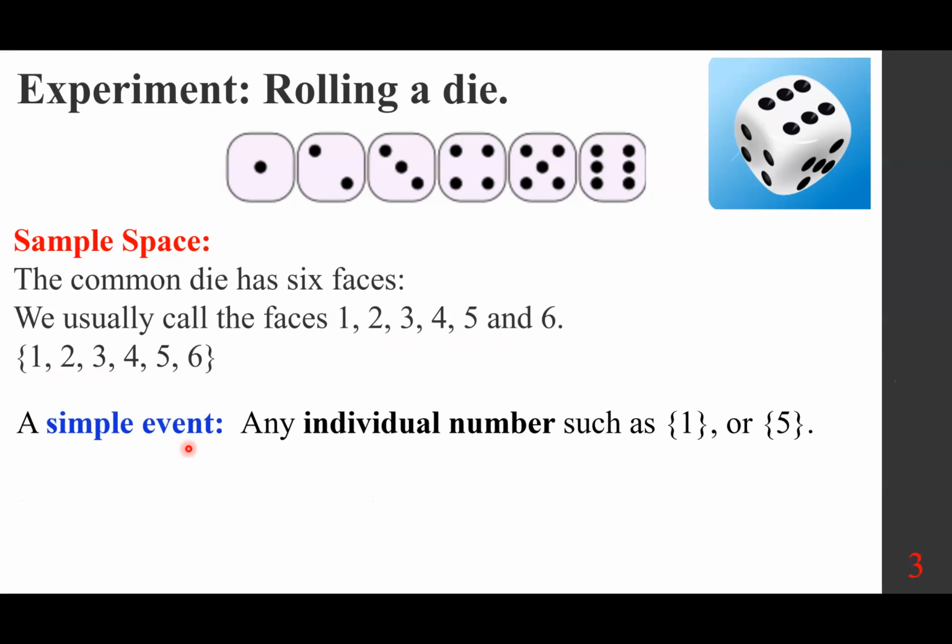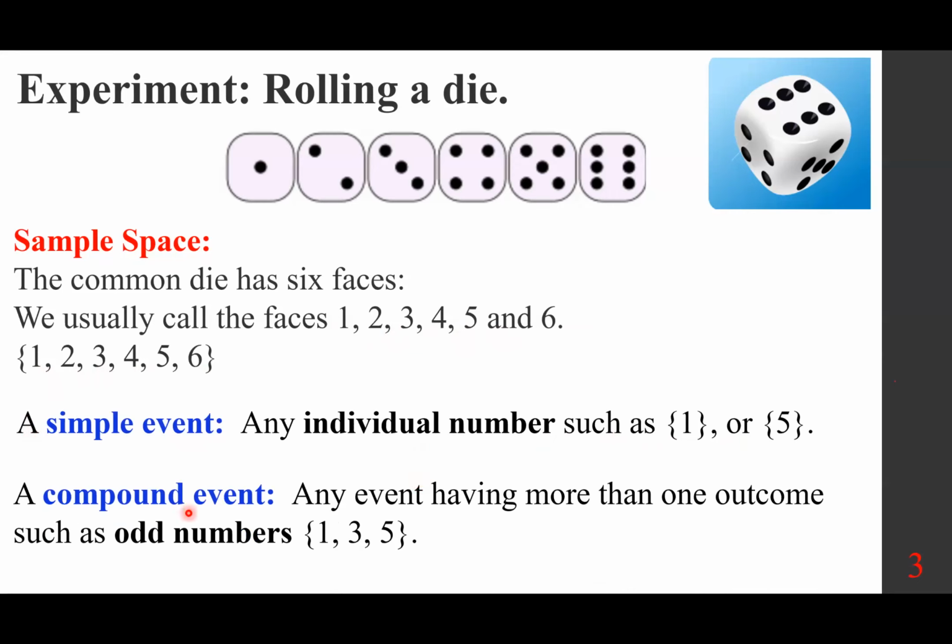A simple event is any individual number such as 1, 5, or you name it. A compound event is any event having more than one outcome, such as odd numbers, which has 1, 3, 5, 3 outcomes.